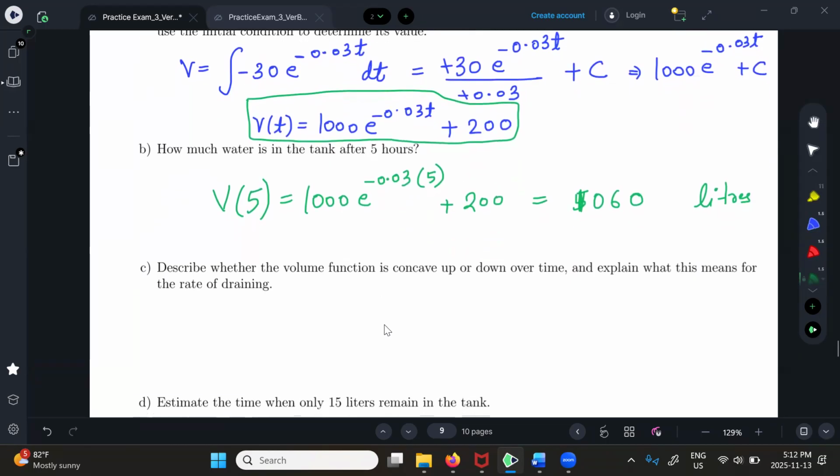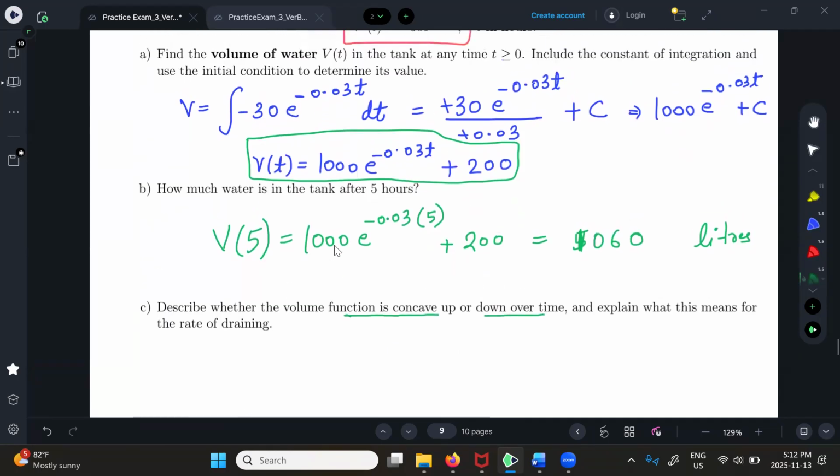Determine whether the volume function is concave up or down over time. The volume function has e to the power negative. It's always positive, right? Exponential function is always positive.